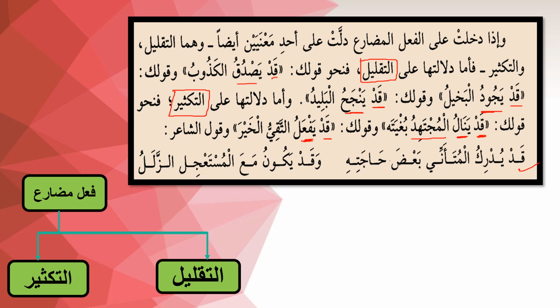So this means that a slow person always reaches its goal, some of its goals. وقد يكون مع المستعجل الزلل. So this means that the person who is hasty is prone or bound to make some mistakes. So this is what the poem says. Here you can see the mudare gives you the two meanings, taqlil and takthir.